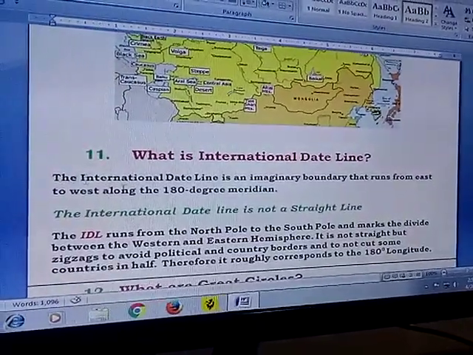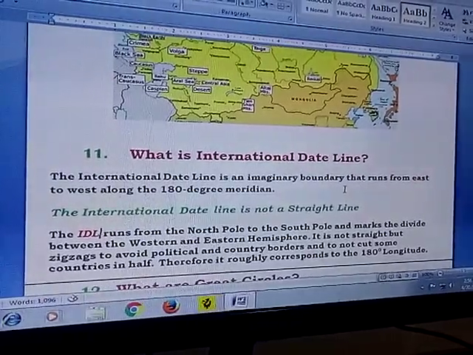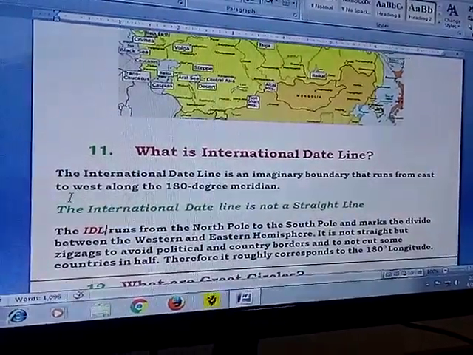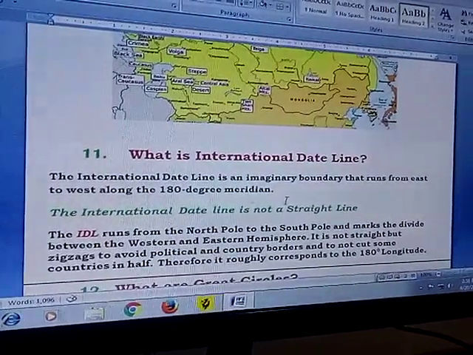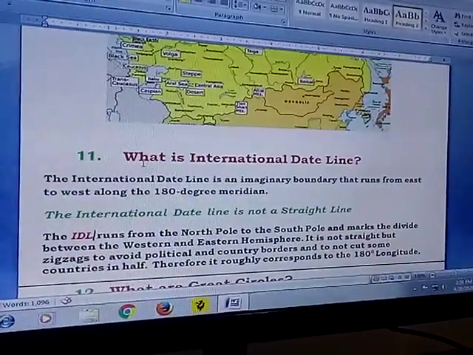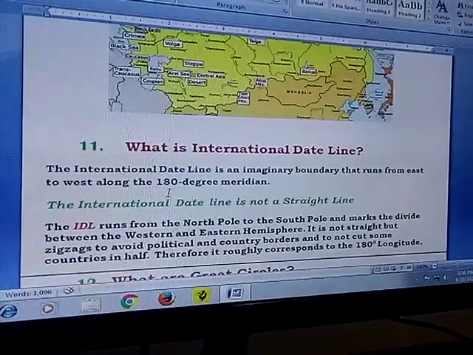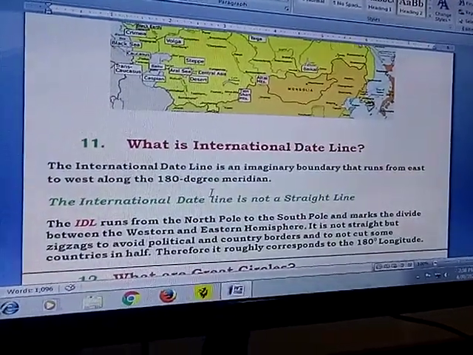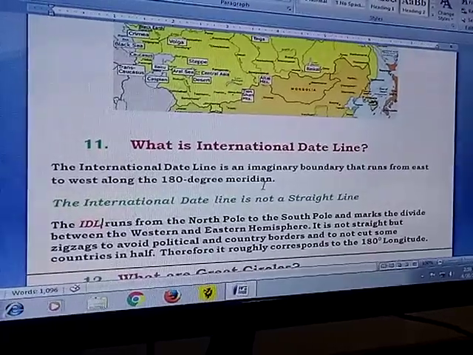The international date line is an imaginary line or boundary that runs from east to west along the 180-degree meridian. But remember, the international date line is not equal to the 180-degree meridian. No, it doesn't merge.